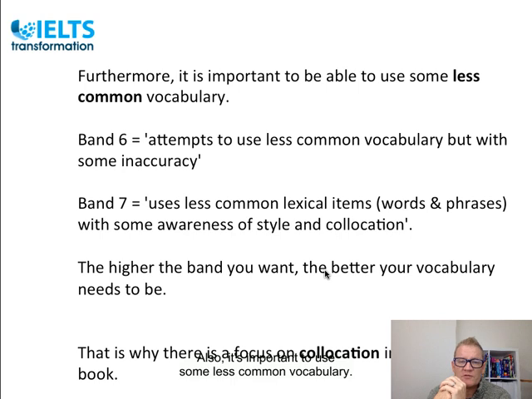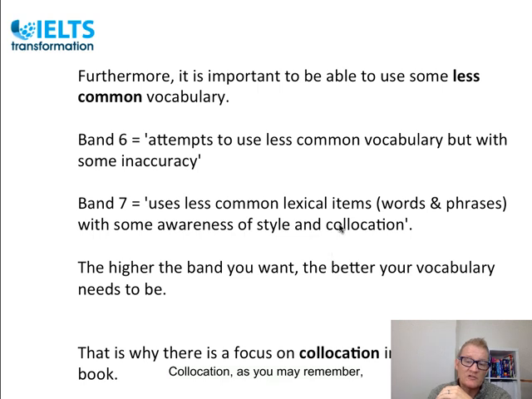Also, it's important to use some less common vocabulary. So Band 6 attempts to use less common vocabulary, but with some inaccuracy. Band 7 uses less common lexical items, words and phrases, with some awareness of style and collocation. So style means the type of words we use in this subject or situation.